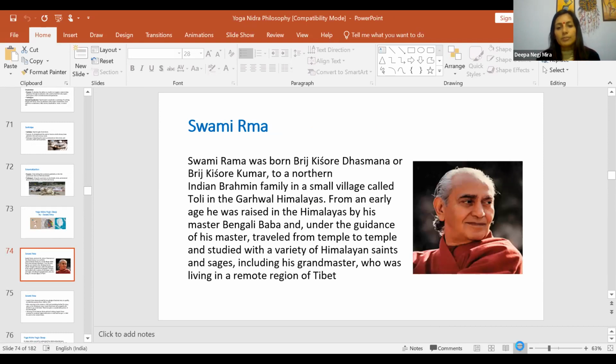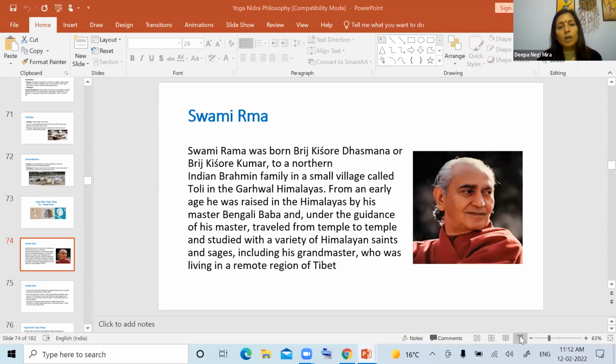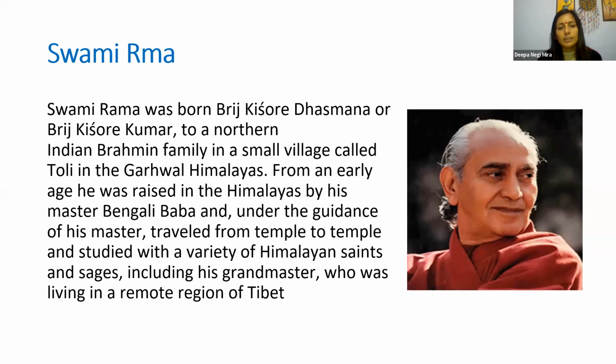Swami Rama is from the Kumaon region of North India, here in Uttarakhand, the state I belong to. He was from the Garhwal Hills, and his name before was Brij Kishore Daswana. He was living in the Himalayas, in very high places.